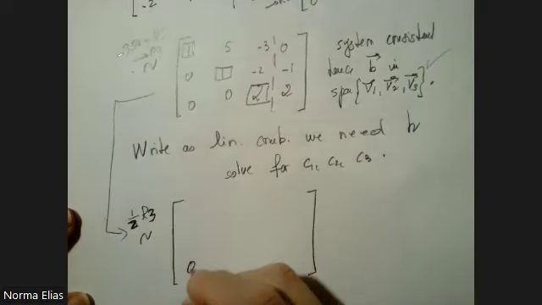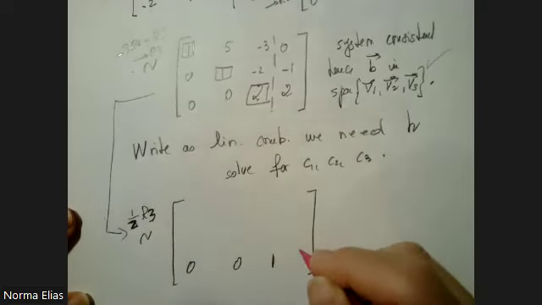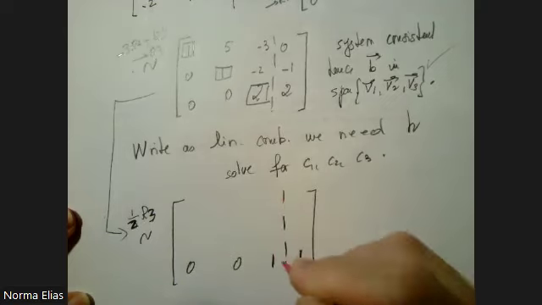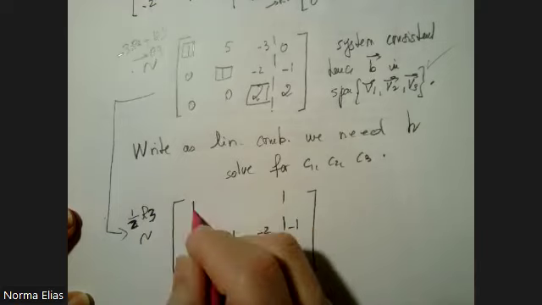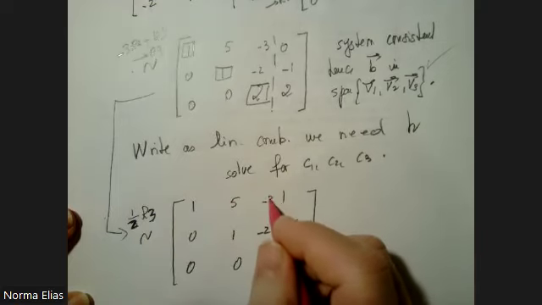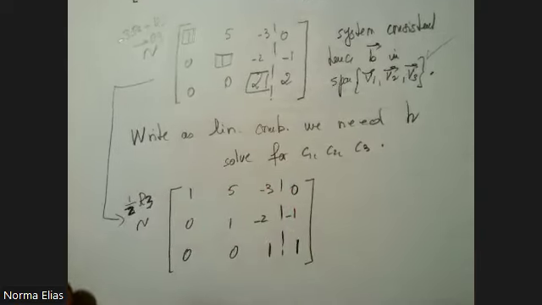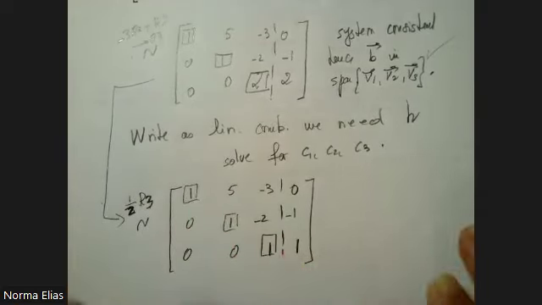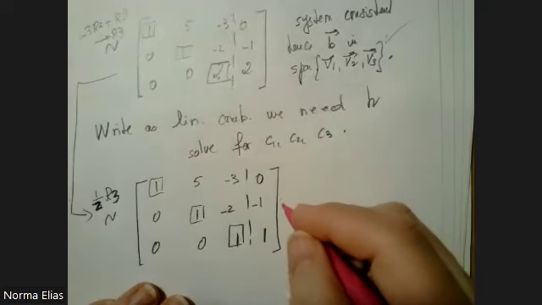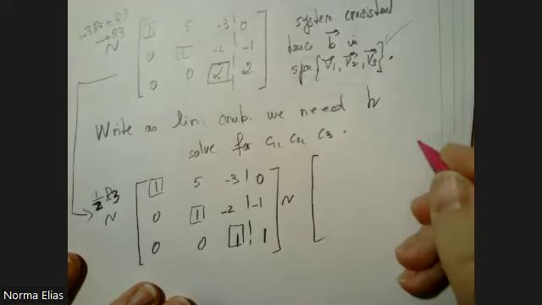And this would give me 0, 0, 1, 1. And then 0, 1, minus 2, minus 1, 1, 5, minus 3, 0. So I guaranteed those 1s. And I'm going to go to the reduced echelon form this time. I don't have to, but as practice.